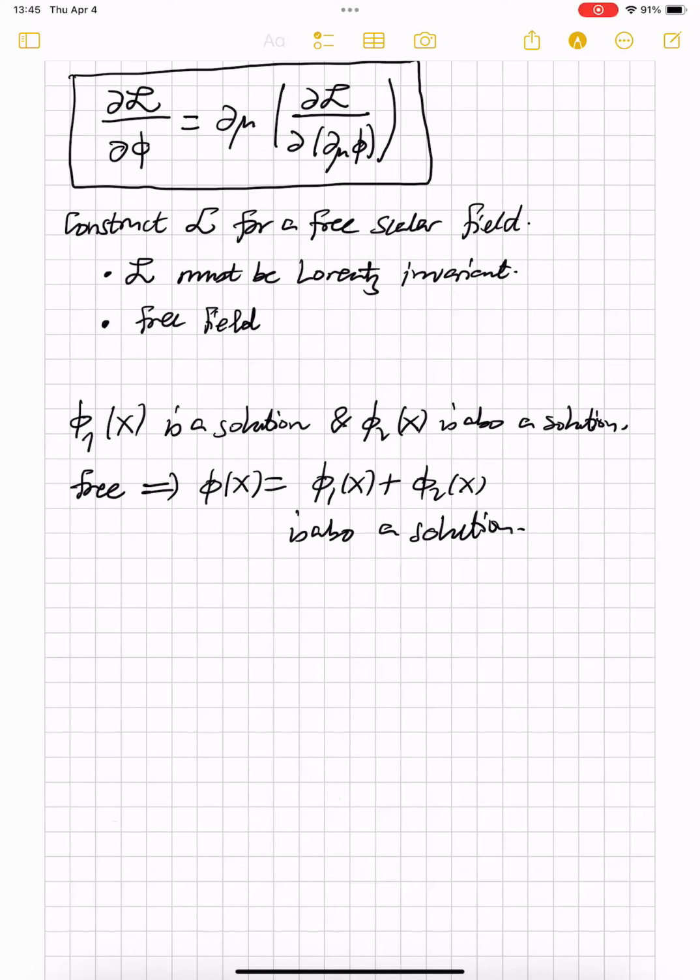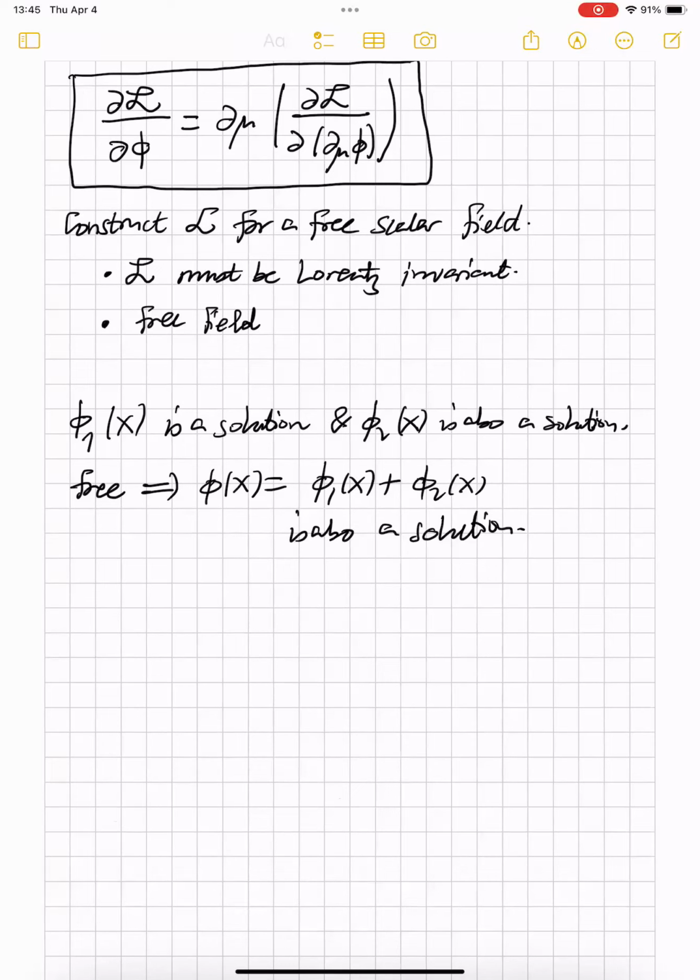So let's just discuss that a little bit. Why do we claim that? Well, if I've got some solution, phi 1 of x, the field wiggling in some configuration that is a solution, and phi 2 of x is a second solution, then if I add the two, if the field is a non-interacting field theory, then the phi 1 of x configuration shouldn't even know that the phi 2 of x configuration is there.